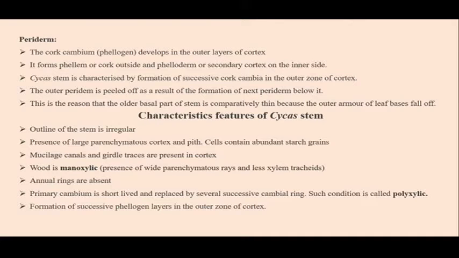Annual rings are absent. Primary cambium is short-lived and replaced by several successive cambial rings. Such condition is called polyxylic. Formation of successive phellem layers in the outer zone of cortex.